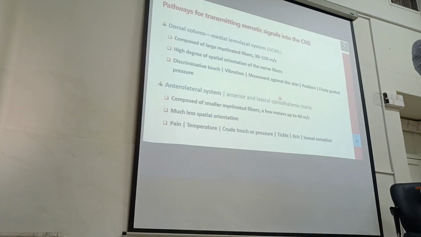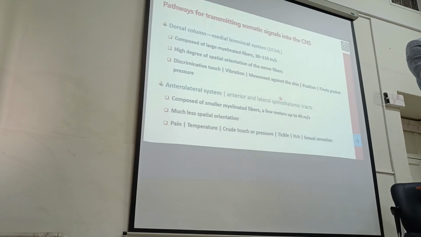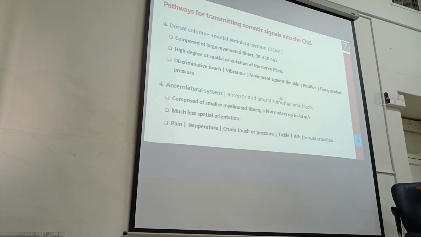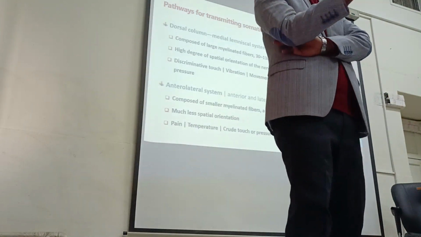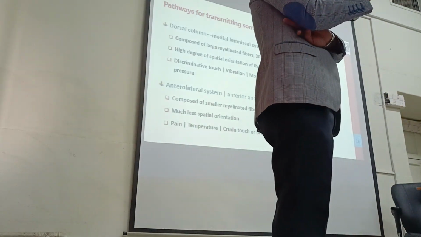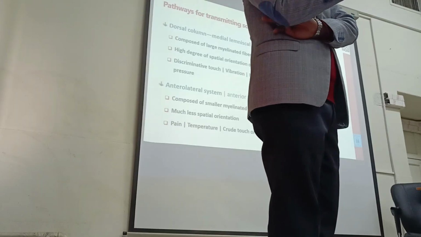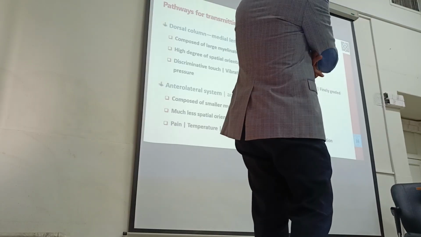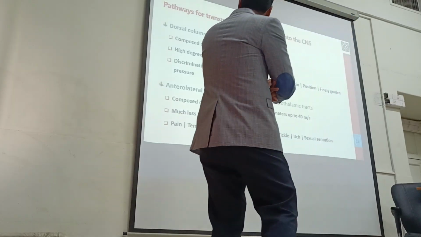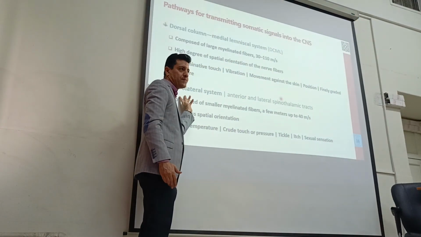And you also remember that when signals from these receptors come to the spinal cord, they have 2 ways for going up to the brain, right? So there are 2 tracks. The first one is the dorsal column medial lemniscal system, DCML. And the second one is the anterolateral system.